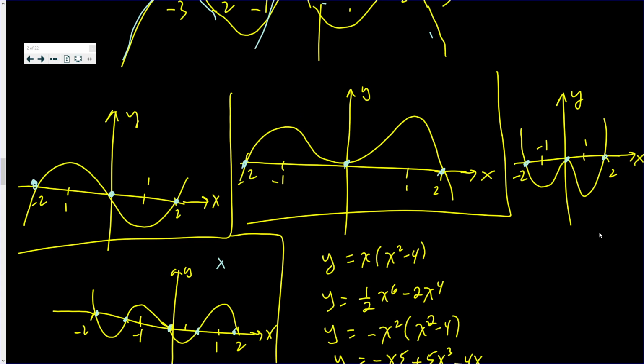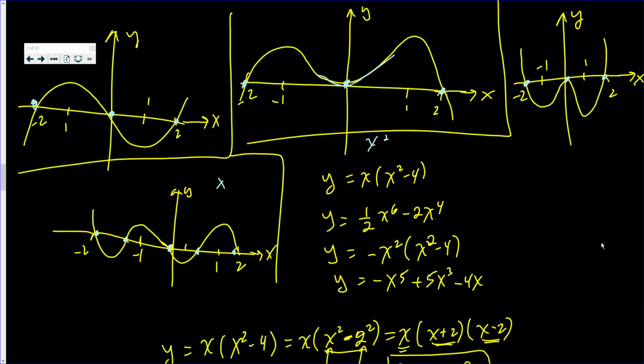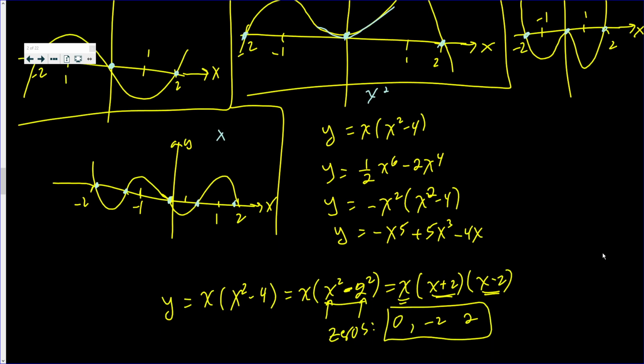Now, notice that the graph just touched at 0. That is, you should have x to an even power. Ah, shucks, we don't have x to an even power.